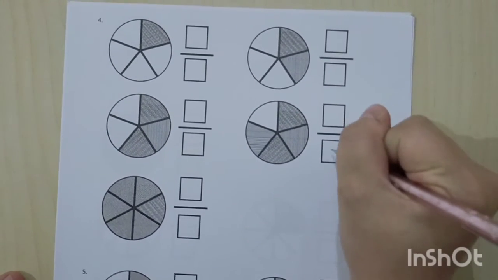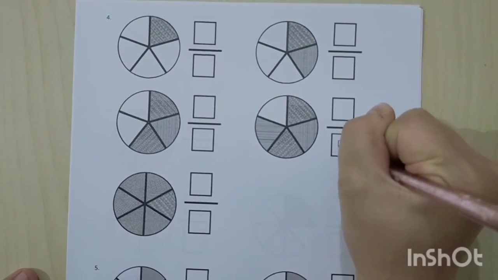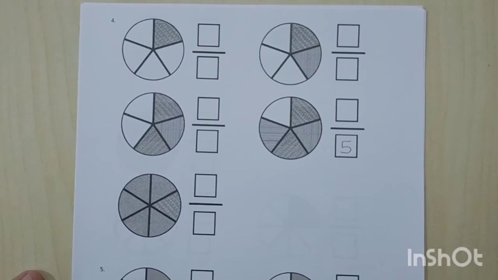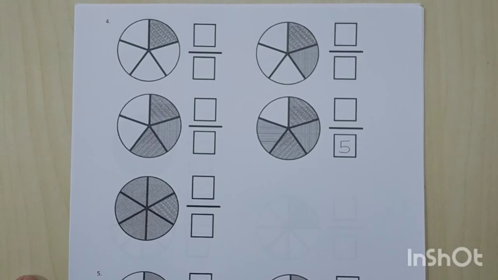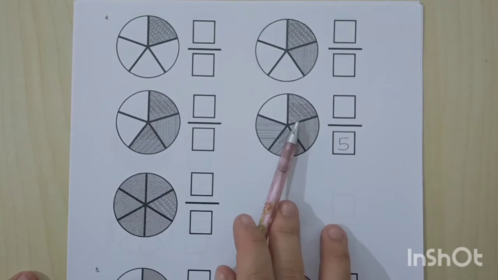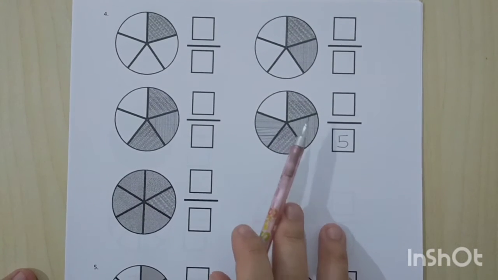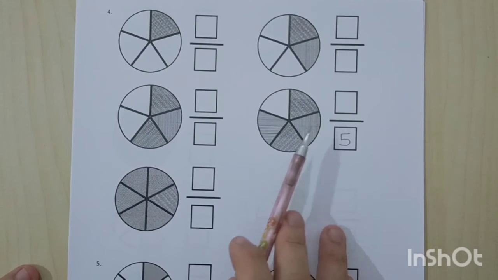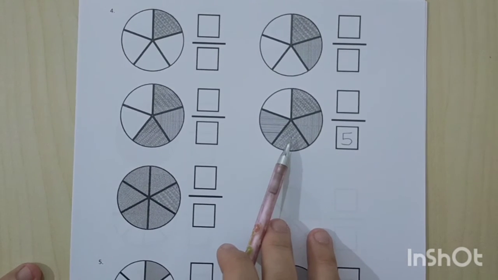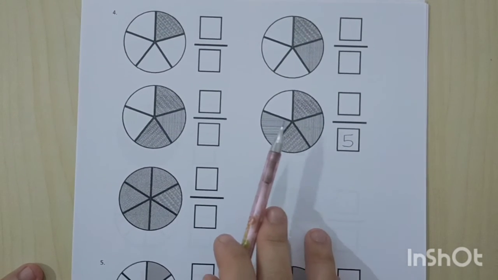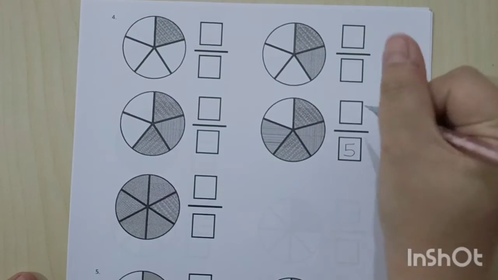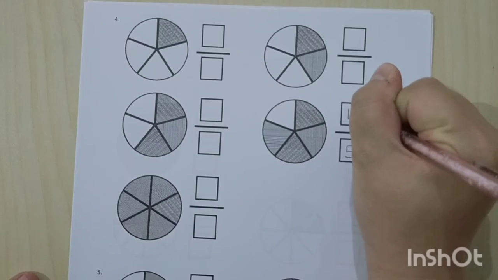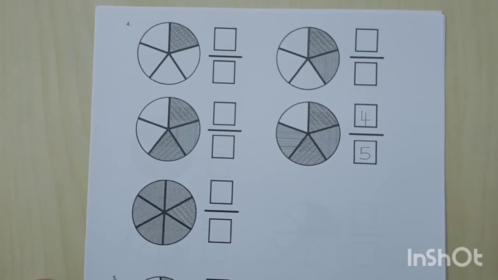So there are 5 parts in a whole. You write it at the bottom. And let's see how many fifths I colored. 1/5, 2/5, 3/5, 4/5. So how many fifths? 4. Write it down at the top of the line.